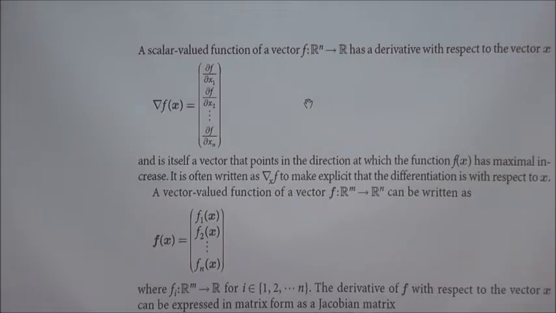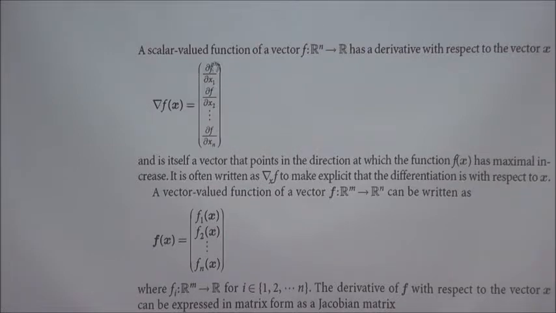If you have a scalar function f that is a function of n variables, the partial derivative of that function with respect to that vector is also another vector. So f is a scalar, but the gradient of f is a vector, as you can see.